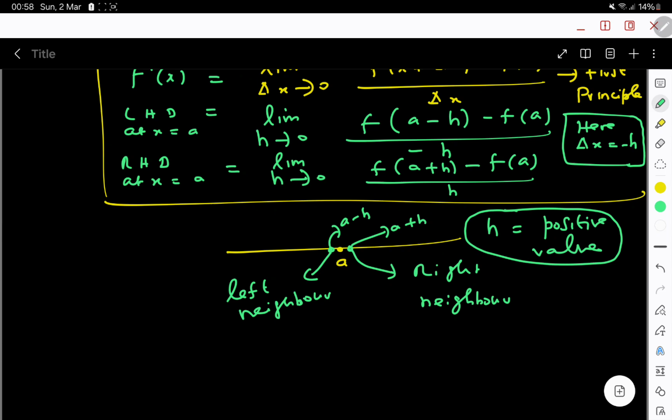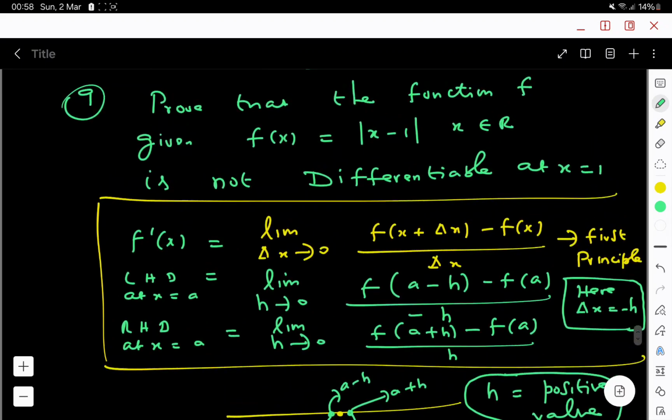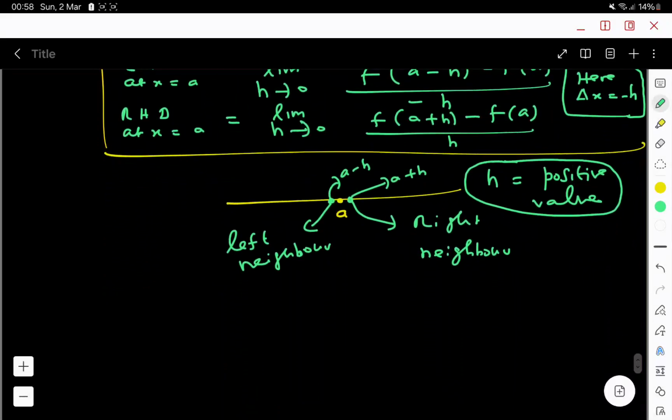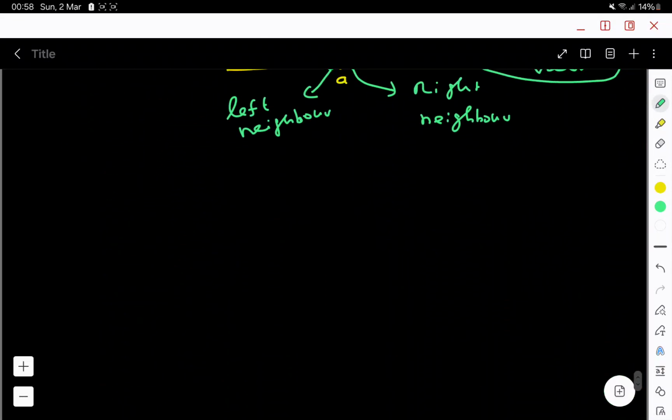Left hand derivative equal to right hand derivative, the function is differentiable. To prove this problem, we find the left hand derivative and right hand derivative at x is equal to 1. The function is mod of x minus 1.